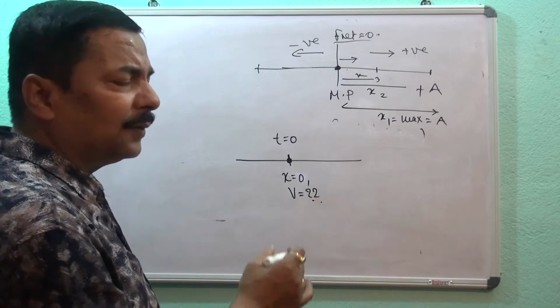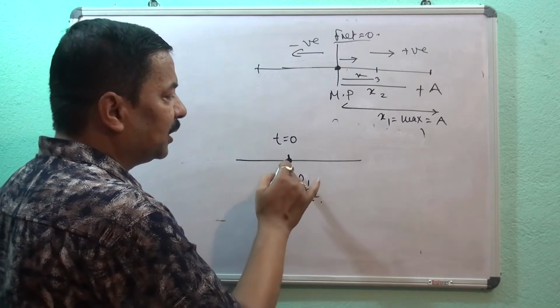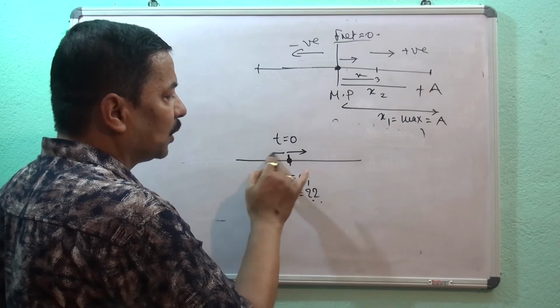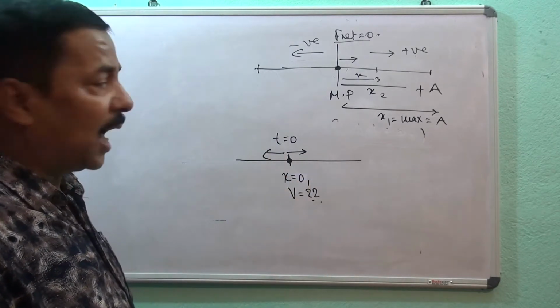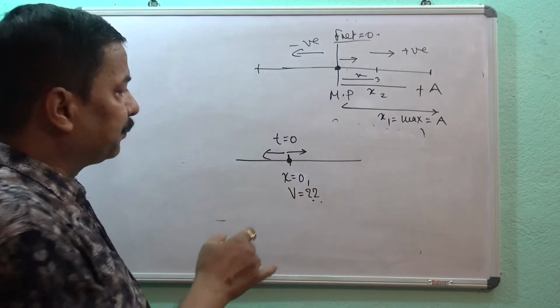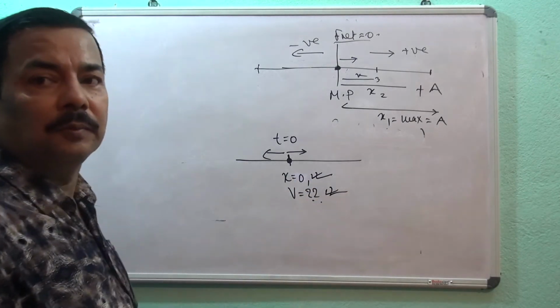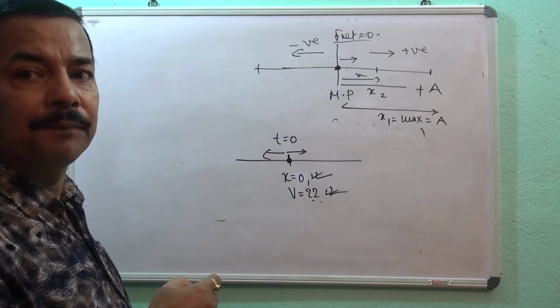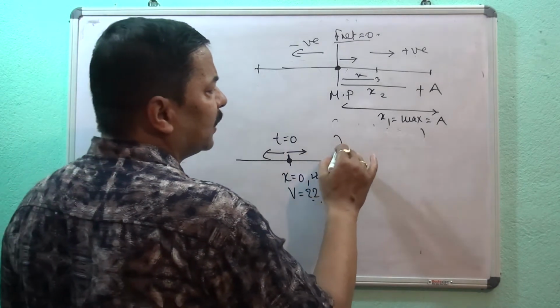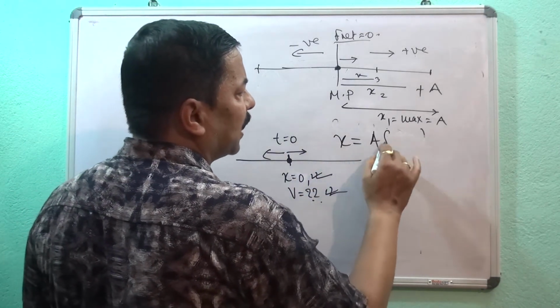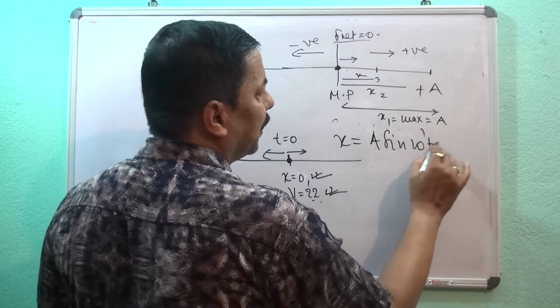You understand that the velocity here is maximum, but it is not telling whether it is in this direction or this direction. And if I mention the phase, this thing will also be known to you, and this thing will also be known to you. So x = A sin(omega t + phi naught).